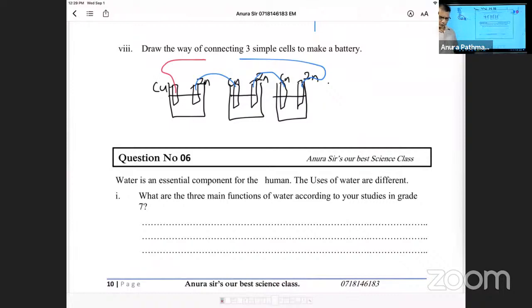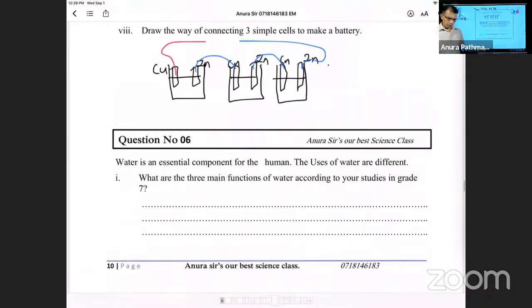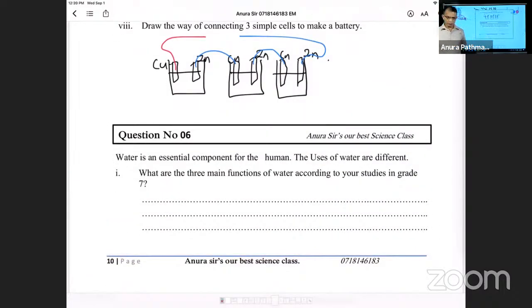Moving to the next question. Water is an essential component for human. The uses of water are different. What are the three main functions of water according to your studies in grade 7?